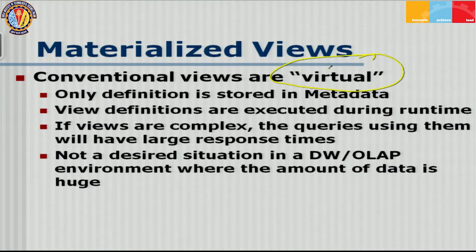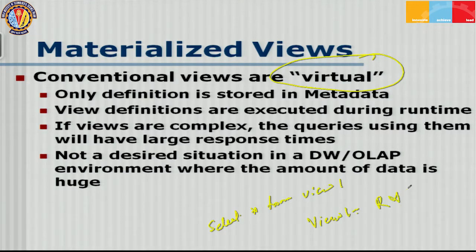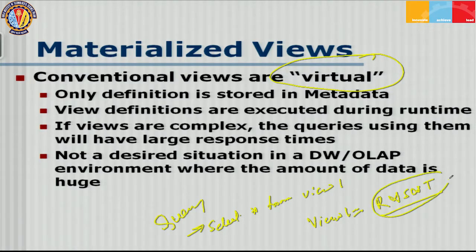So suppose I say a query, select star from view 1. And view 1 is actually defined as a join of R, S and T, and R, S and T are big relations. So you can see that if I do a query select star from view 1, then this join would be executed. This is a kind of a join between three tables or multi-table join.